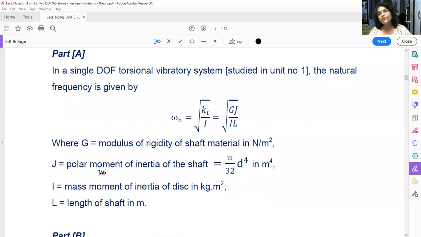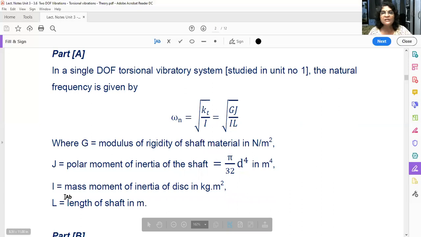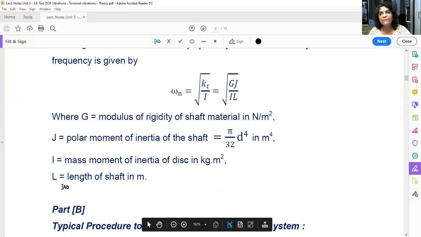J is the polar moment of inertia of the shaft, equal to pi by 32 d to the power 4 for circular cross section, in meter fourth. I is the mass moment of inertia of the disc, which is vibrating, in kg meter square, and L is the length of the shaft in meter.